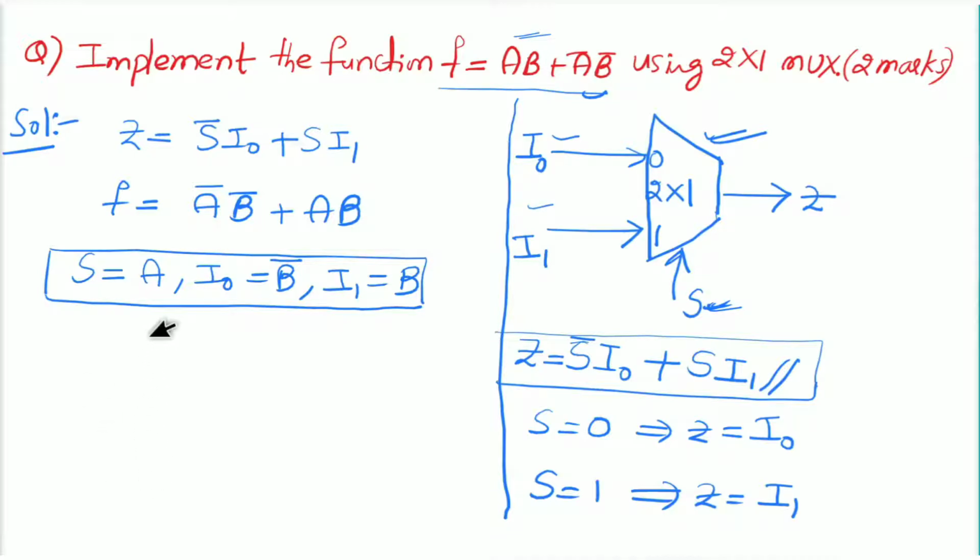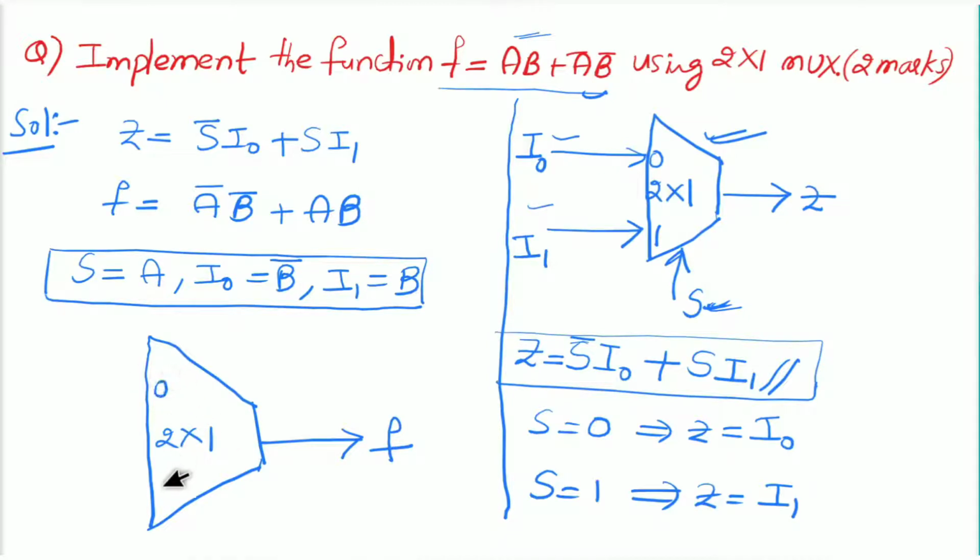So let me draw that. This is a 2:1 multiplexer, which has one output, that is F, and a 0 input line and a 1 input line. I0 is connected to b bar and I1 is connected to b, and the selection line is chosen as A. Then you will get this function: whenever A is 0, that means A bar, the output is connected to B bar.